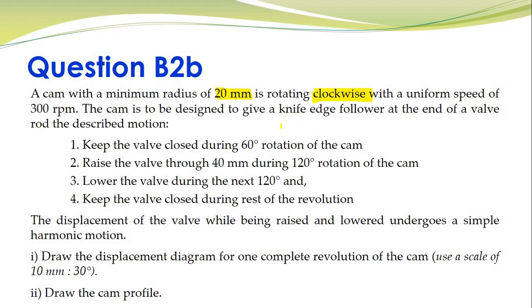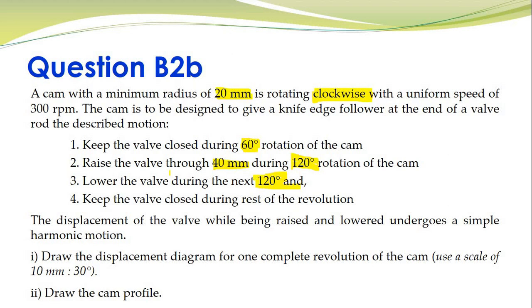The cam is designed to give a knife edge follower at the end of the valve rod the following motion. It says to keep the valve closed during 60 degrees rotation of the cam, then raise the valve through 40 mm during 120 degrees rotation of the cam, and then lower the valve during the next 120 degrees rotation of the cam, and finally keep the valve closed during the remaining rotation of the cam.